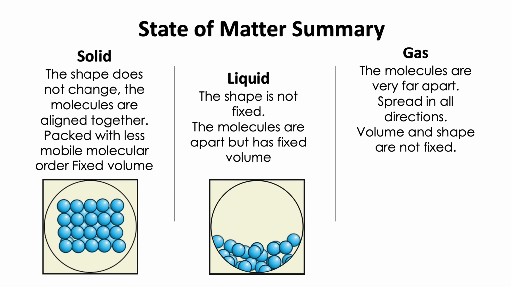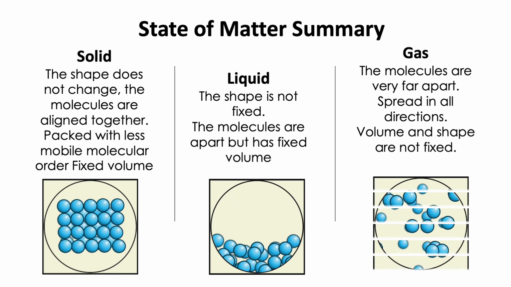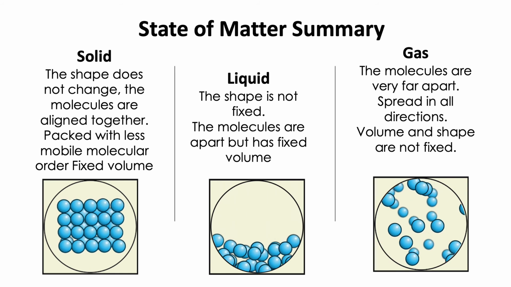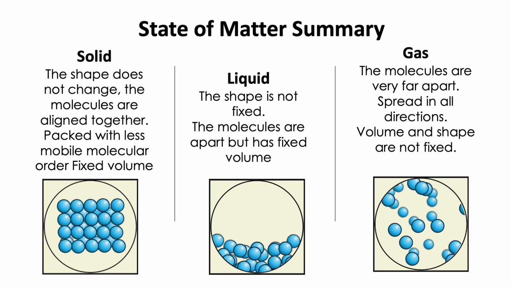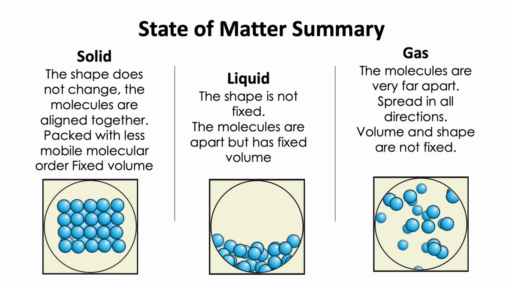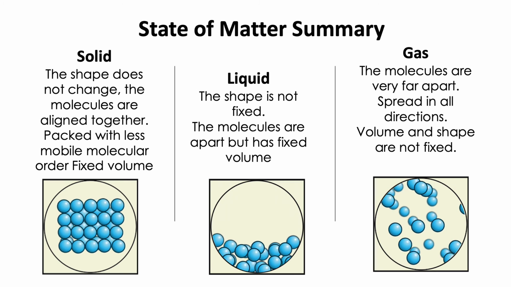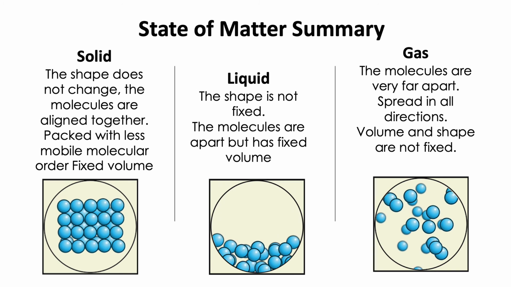Next is gas. The molecules are very far apart and spread in all directions. Volume and shape are not fixed. So this is the molecules that you see in the box.